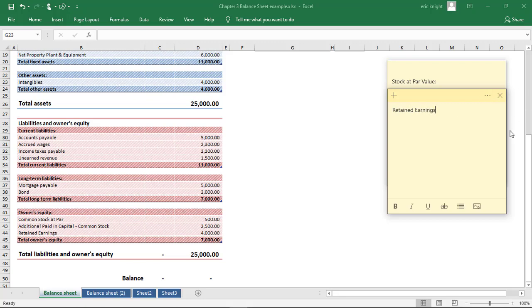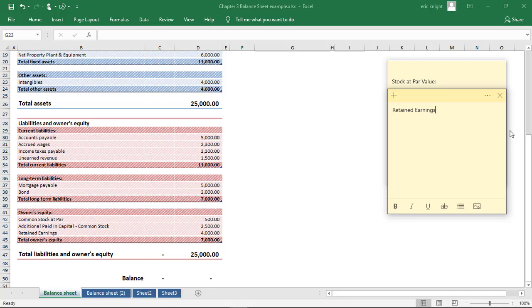So the name tells you what it is. Retained earnings is just keeping the profit and putting it back in. We'll use that to maybe invest in more equipment, open new locations, get some security, like some additional cash on hand. For whatever reason, we might want to retain some of those earnings.